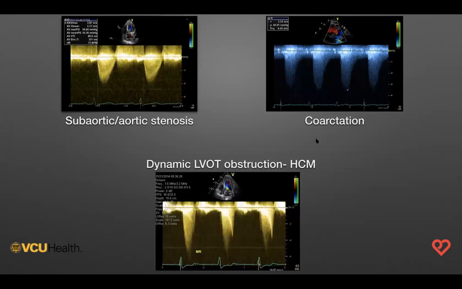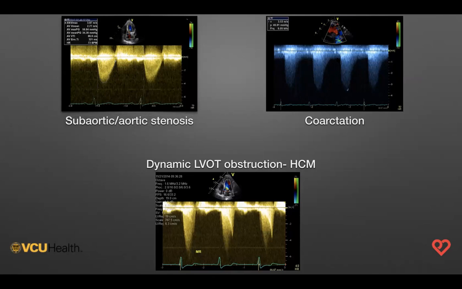So I'd like to put these three pictures up because they're great for test question comparison. On the top left, what you see is someone with classic subaortic stenosis or aortic stenosis. You have this classic mid-systolic acceleration, and you have this aortic regurgitation. In coarctation, you will have an increased systolic velocity, but please pay attention to the diastolic runoff.